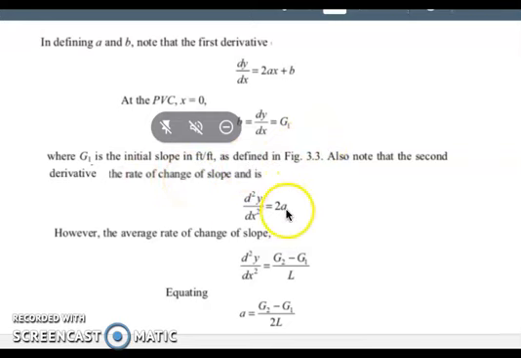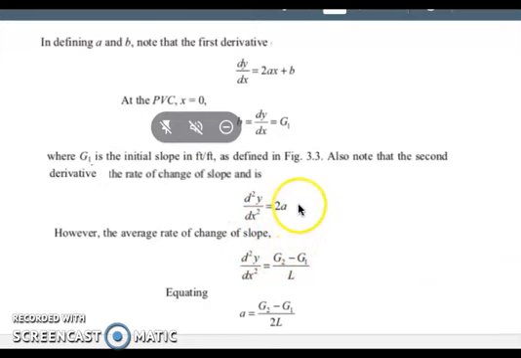If we take the second derivative from this equation, that will be equivalent to d squared y over dx squared equal to 2a. The average rate of change of slope, which is d squared y over dx squared, is equal to g sub 2 minus g sub 1 all over L. If we substitute this into the equation, we obtain g sub 2 minus g sub 1 all over L is equal to 2a.